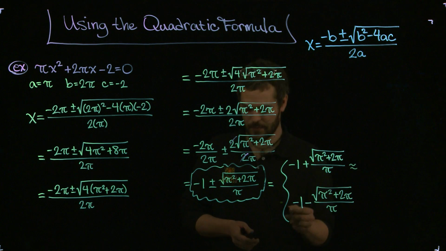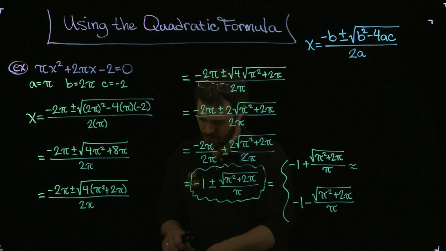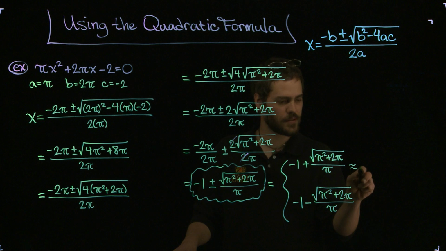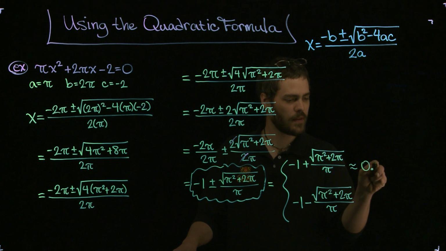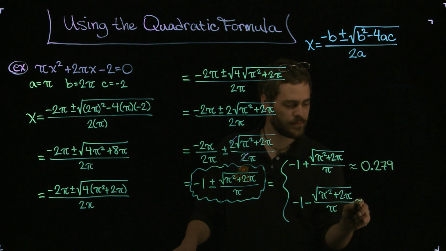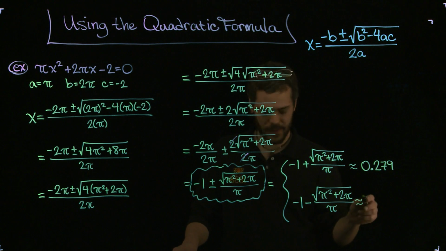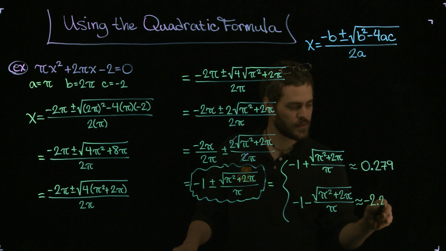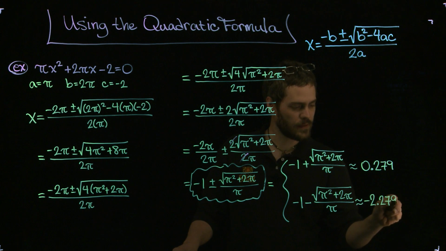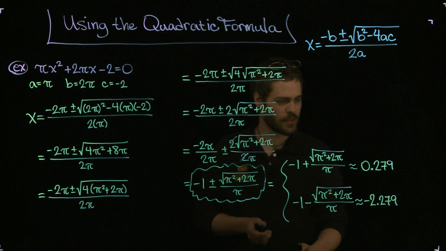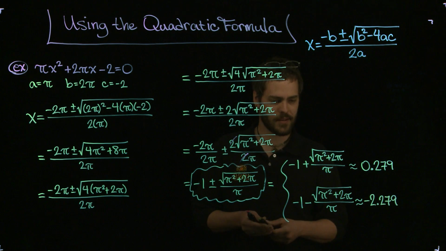The one on top comes out to approximately 0.279 to the thousandths place. And the one on the bottom comes out to approximately -2.279. There we go. So see if you can crunch the numbers and get that in your calculating device.